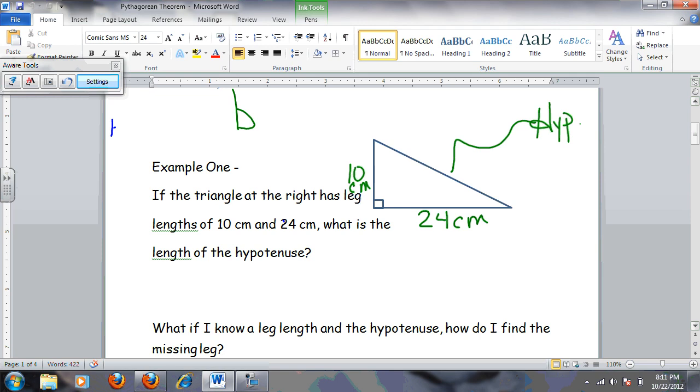Well, we know that it's a right triangle because it has a right angle. So we can take a leg, 10, and square it. We take another leg, 24, and square it, and that will give us C squared. I need to know the squares of these numbers.